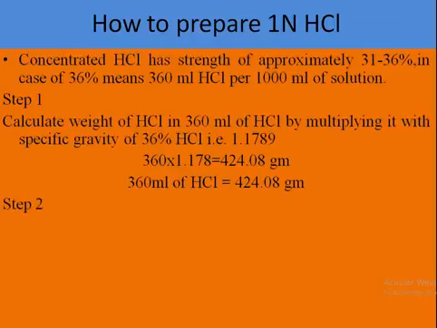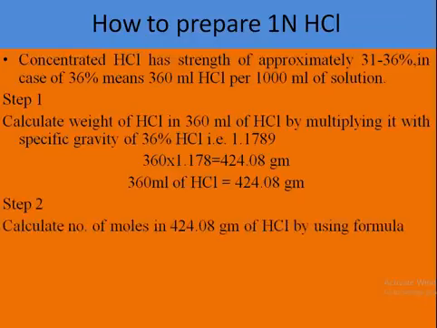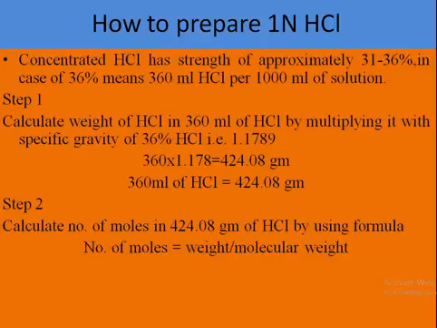Now step 2. Calculate the number of moles in 424.08 grams of HCl by using the formula of number of moles, which is equal to weight divided by molecular weight of the HCl.